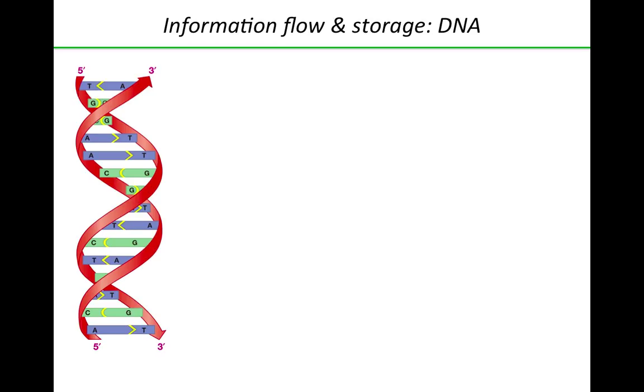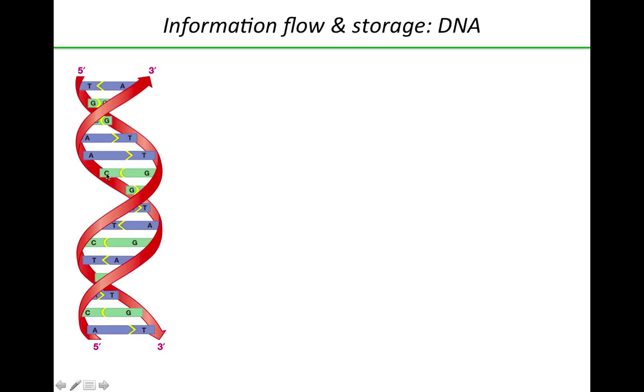So if we look back at the DNA molecule, you'll notice that it has the shape of a double helix, and it's made up of a sugar phosphate backbone. So this red part on the diagram is the backbone. And then there are nucleotide bases connecting the two backbones together, kind of like rungs on a ladder.